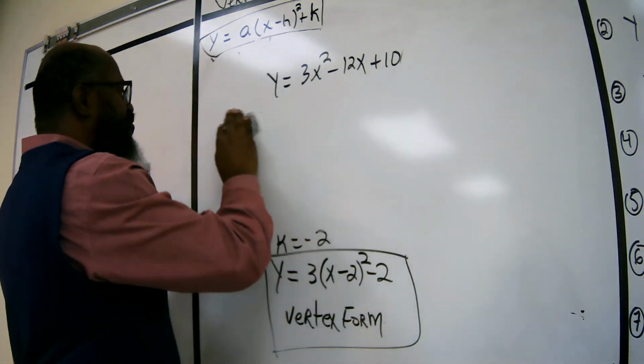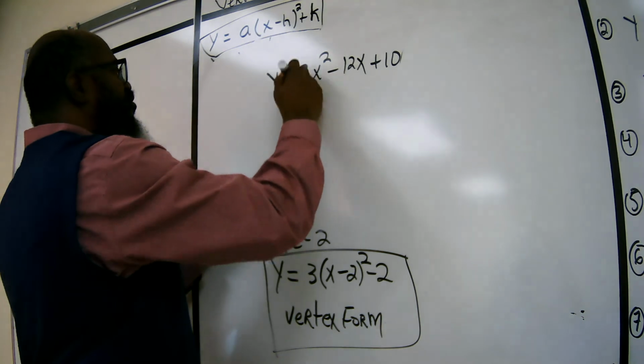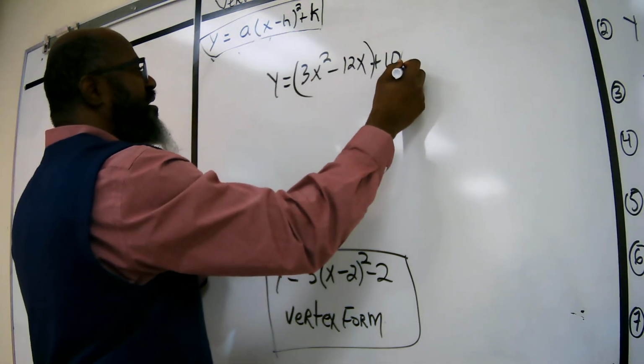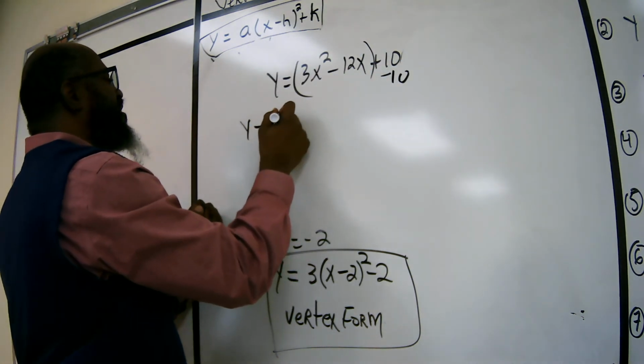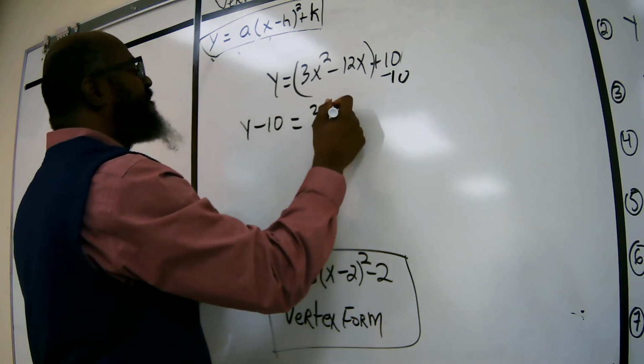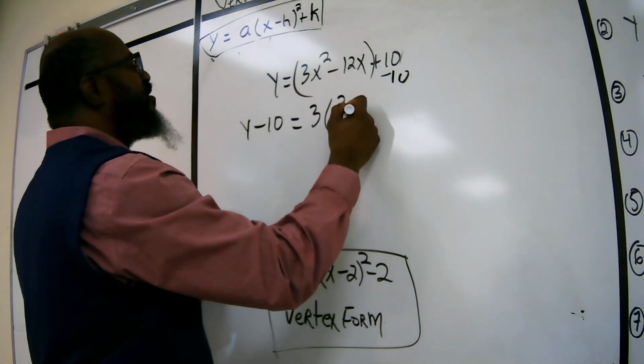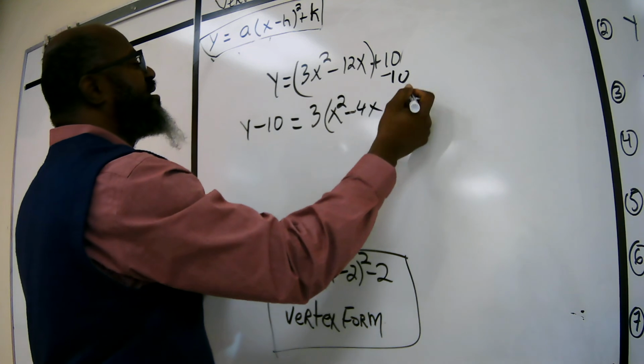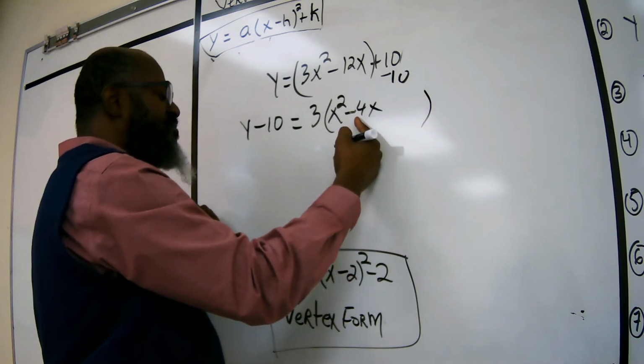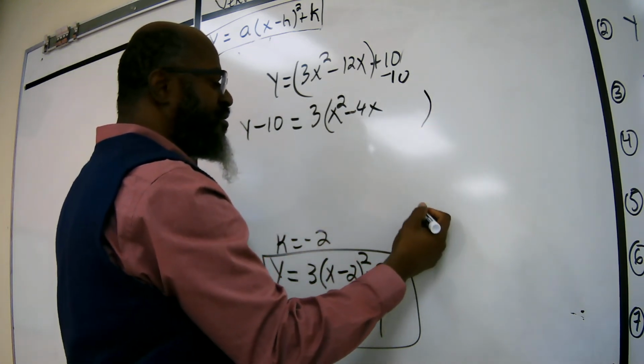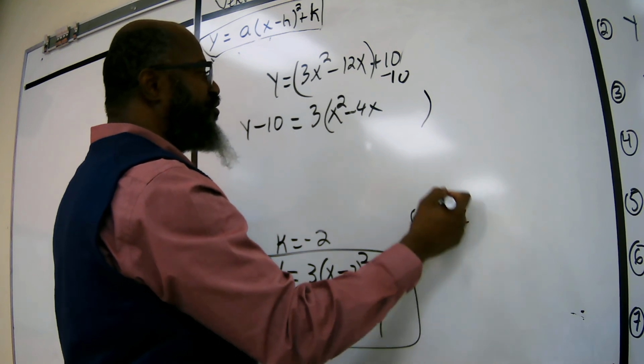To complete the square more effectively, do family grouping, subtract the 10, you'll have y minus 10, factor out the 3, you'll have x squared, that will give you minus 4x. Then you take negative 4 divided by 2, that will give you negative 2. You square it, that will give you 4.